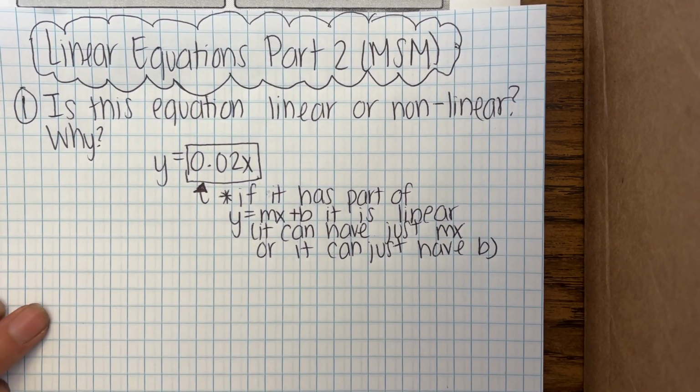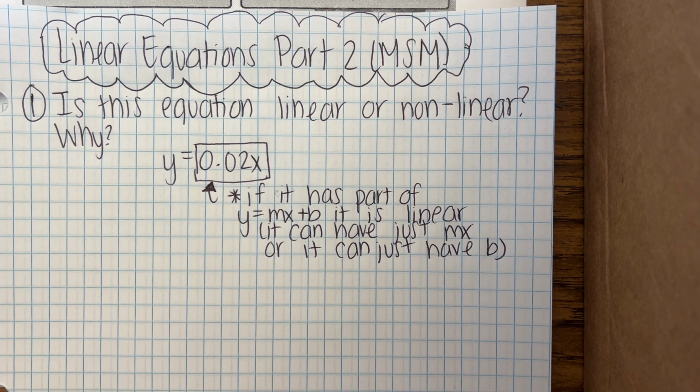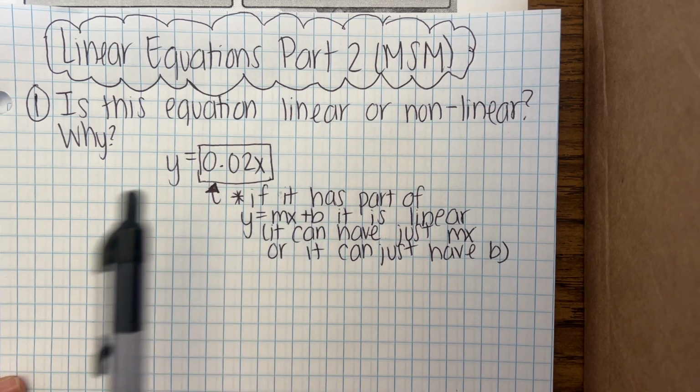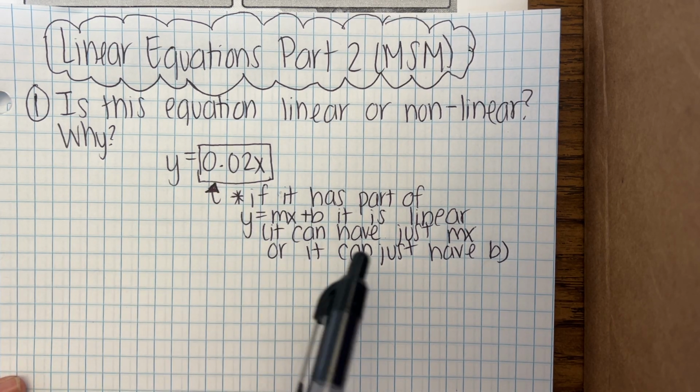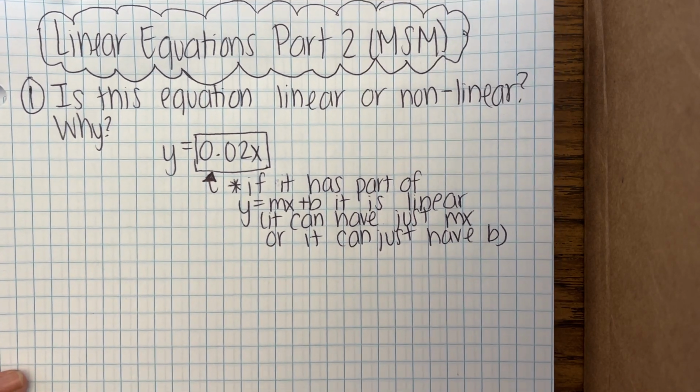So it doesn't necessarily have to have both. Okay? It can, but it doesn't. It isn't a requirement in order for it to be linear. So since it doesn't have both parts, the mx and the b, then we can still consider this linear.